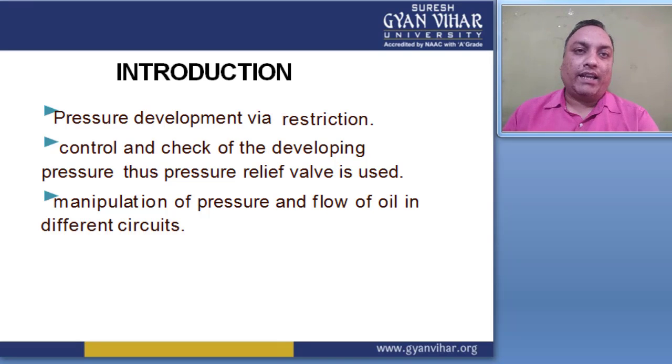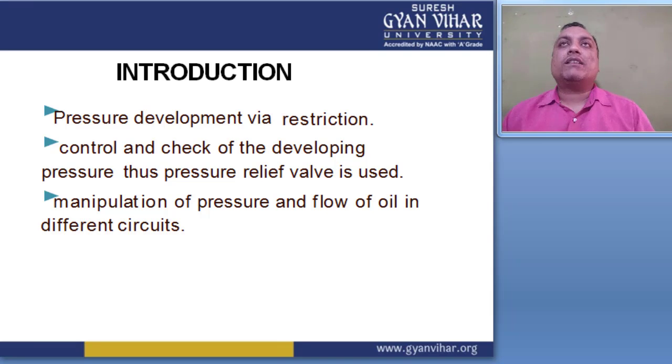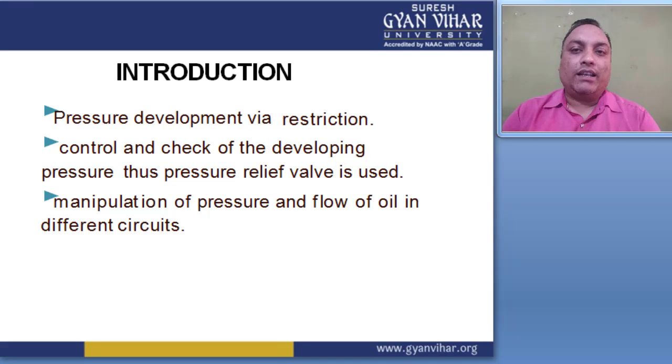Suppose, in the case of a JCB or any other machine, the pump is always running. In the hydraulic circuit, the pump is always running. Similar to the human body, here is the heart. The heart is always running, and it pumps the fluid, meaning it pumps the blood over the arteries and veins.